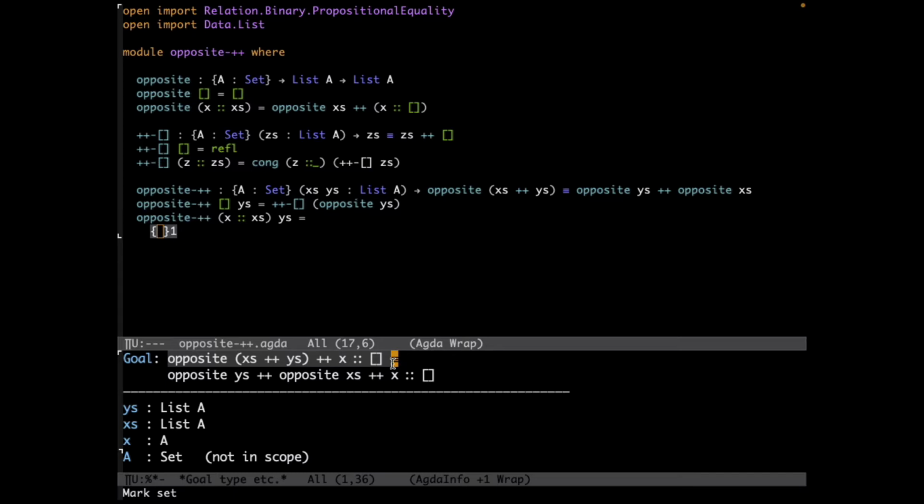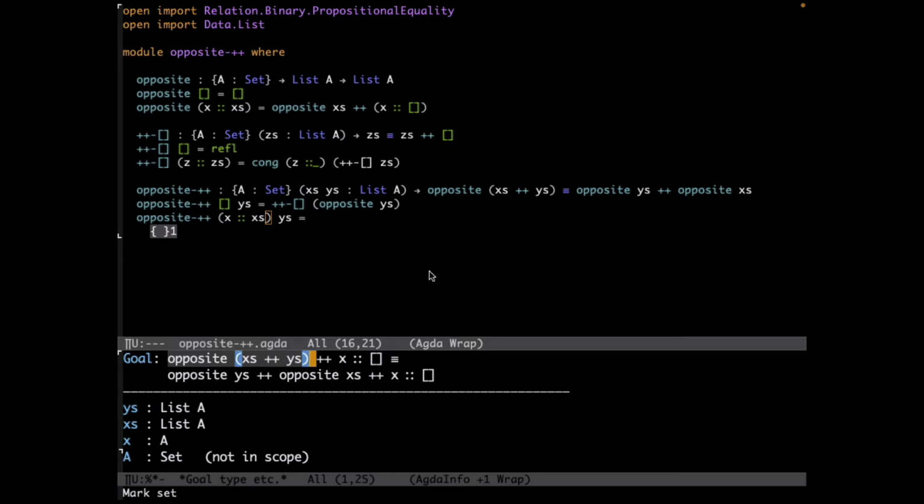It will be that the opposite of two concatenated things, where the first argument is shorter, is given. So this guy here is ripe for an induction hypothesis, because I am in the case where the first list is x and x's, but I see in my goal something that the induction hypothesis could be applied to.